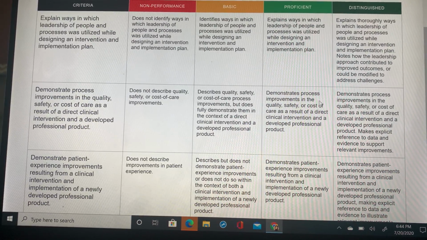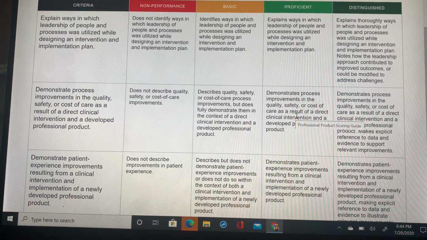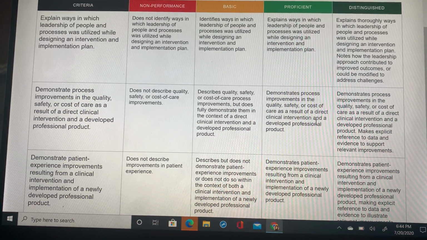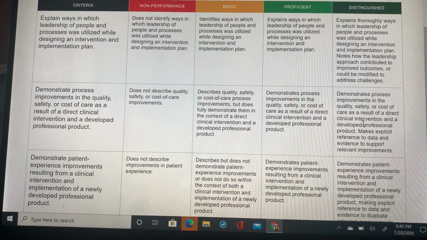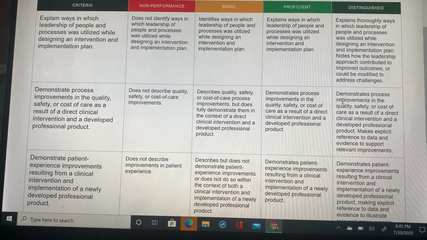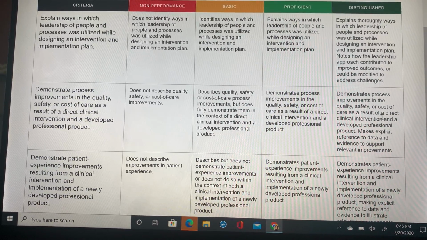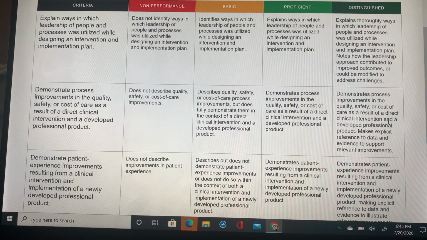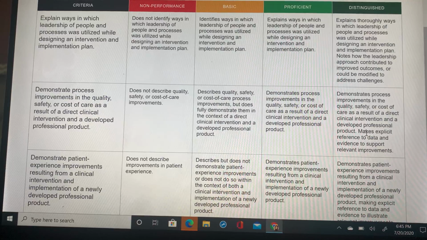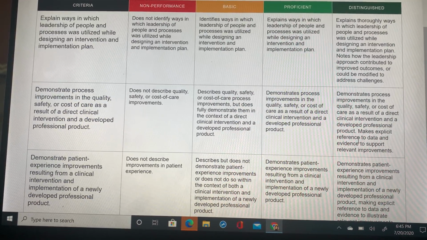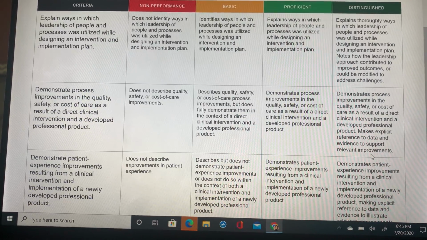So, demonstrates process improvements in the quality, safety, or cost of care as a result of direct clinical intervention and a developed professional product. Distinguish, did all that. Demonstrates process improvements in the quality, safety, or cost of care as a result of a direct clinical intervention and a developed professional product. But you also make explicit reference to data and evidence to support relevant improvement.